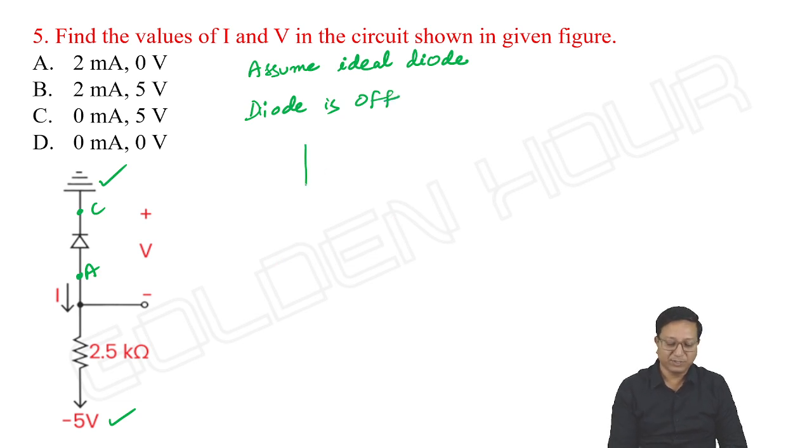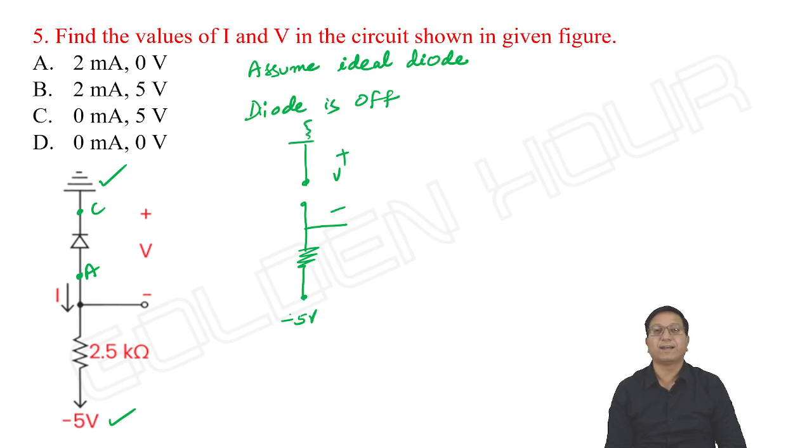Once the diode is off, it simply acts as an open circuit. V is the voltage across the diode from cathode to anode. Please do observe this. And what about the current? There is no scope for the current to flow in the circuit. So current is simply 0.